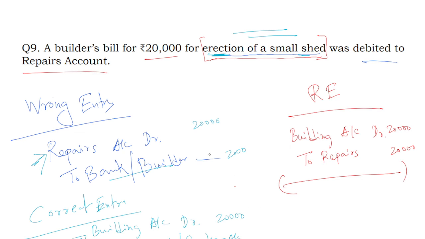So we'll pass the narration like this: erection of small shed wrongly recorded as repairs, now rectified. Okay, so this is very simple.